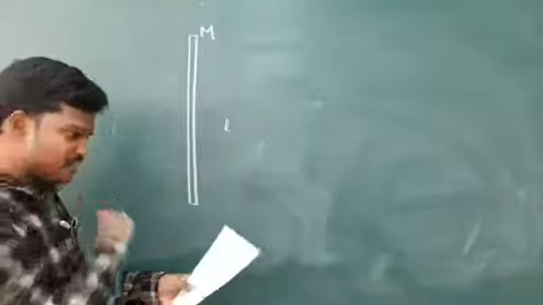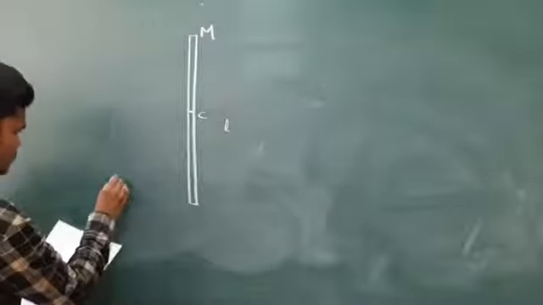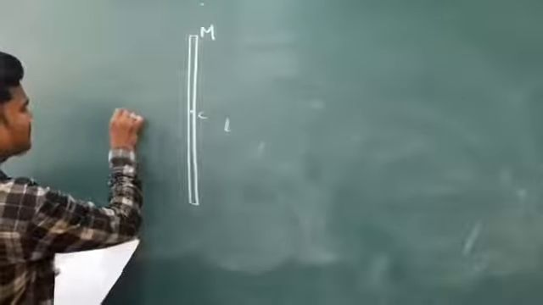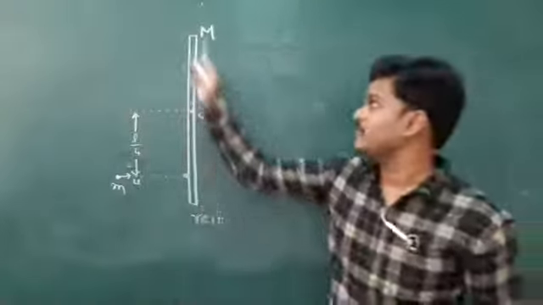So length is L. And here they given the diagram, and see, this is the center of the rod, and they given a particle whose mass is small m, which moves with a speed u, and this is at a distance of L by 4 from the center. Initially the rod is at rest. Now our target is we need to find the capital M value.